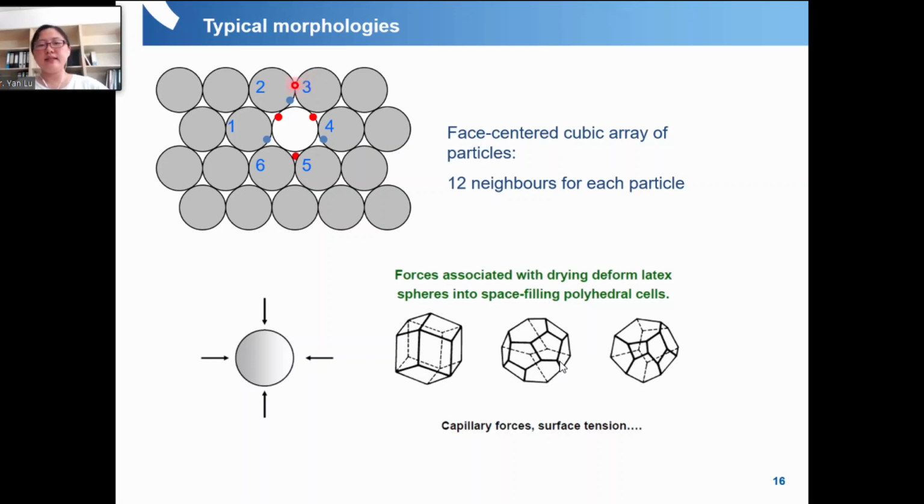Depending on the number of neighbors and the forces you get during this deformation process, you will then form different kinds of polyhedral particle cells. The major forces leading to such deformation are, first, the capillary forces, and second, the surface tension.